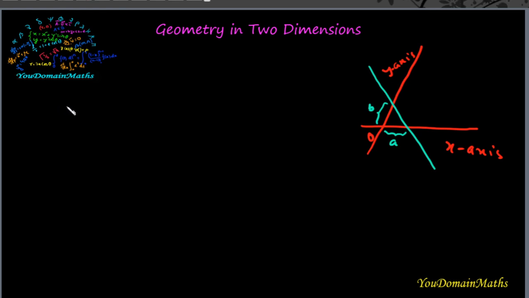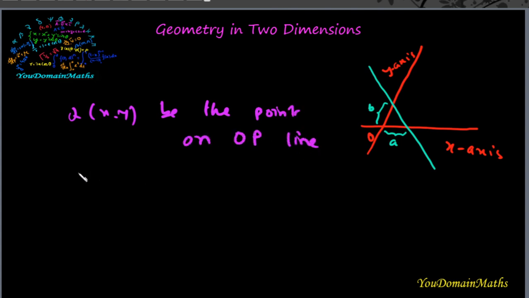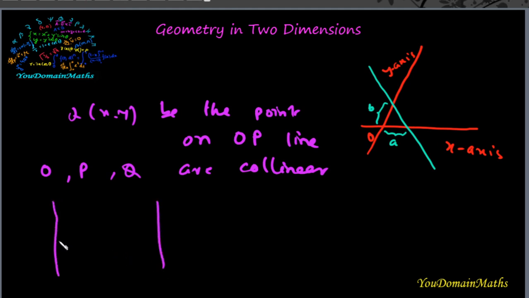It can be proved another way. Suppose Q of x, y be a point on the line OP, then O, P, Q are collinear. Then the area of the triangle made by joining the 3 points is zero. So we can write the determinant x, y, 1; x1, y1, 1; and 0, 0, 1 equal to 0.